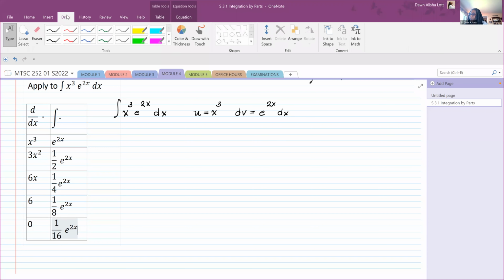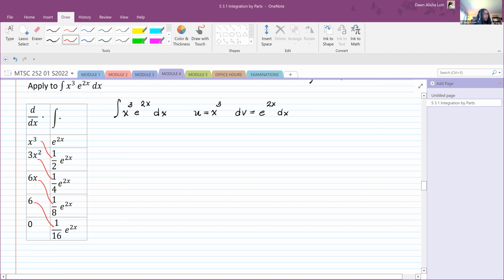Then I cross them. x cubed goes here, 3x squared goes there, 6x goes here, and 6 goes there. Okay, this one's going to be positive. This product will be negative, this product will be positive, and this product will be negative.